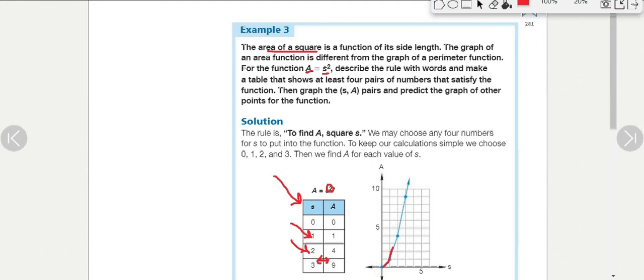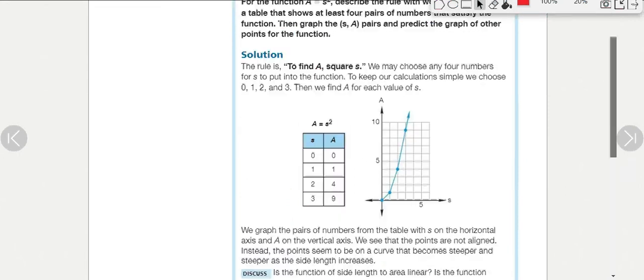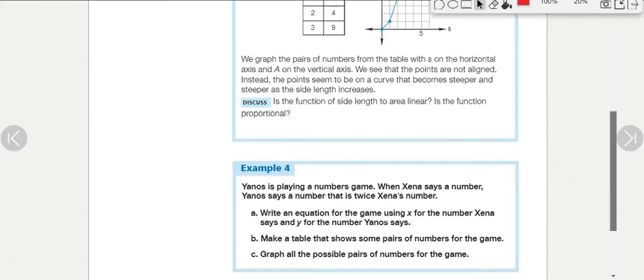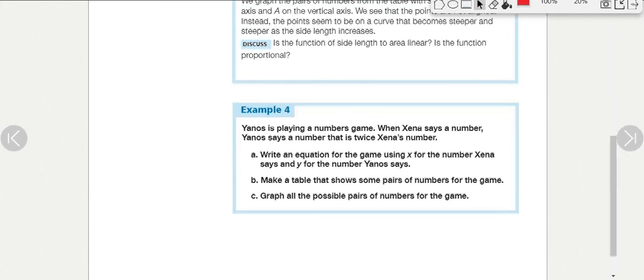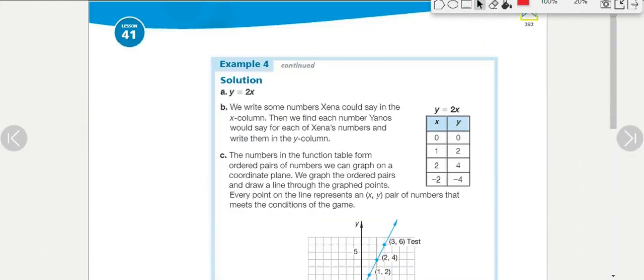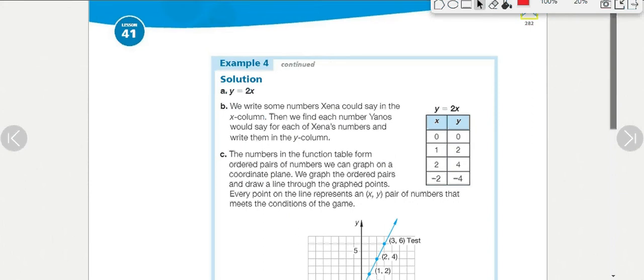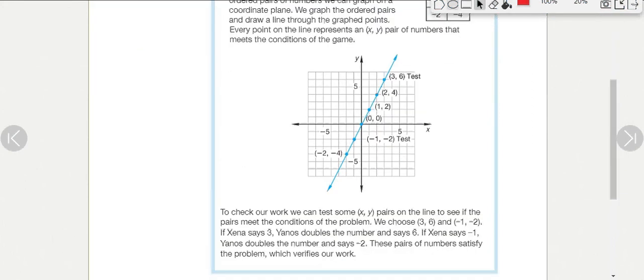You get this curving line, which is kind of interesting. We're able to graph it because they chose small numbers. It's not linear because it's not a straight line. In this case, they do have a proportional numbers game because it goes through 0, right? Is what we learned together.